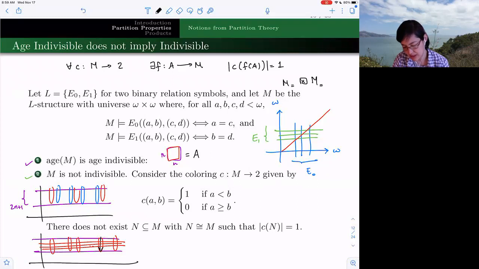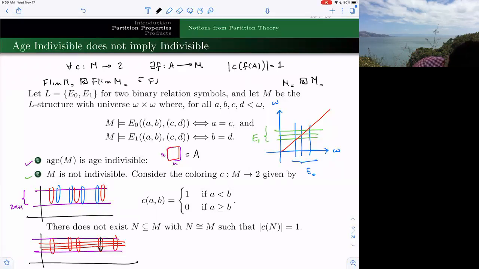And so we show that actually the Fraïssé limit commutes with this product. So the Fraïssé limit of this and this would be, oh, I guess I should put the class, right? This is the class of finite sets.